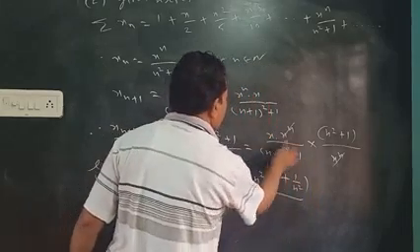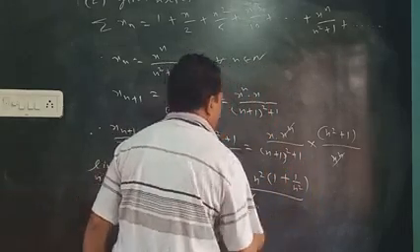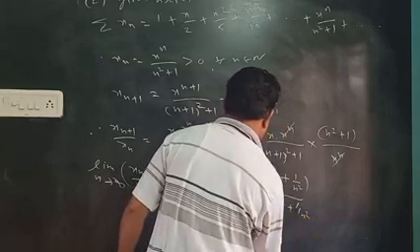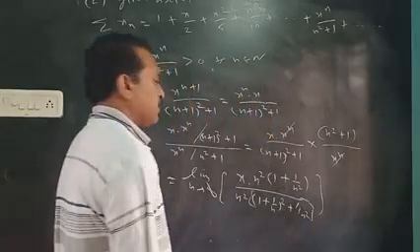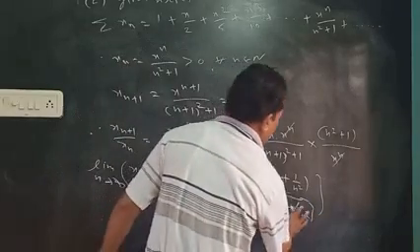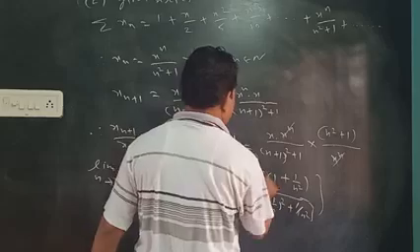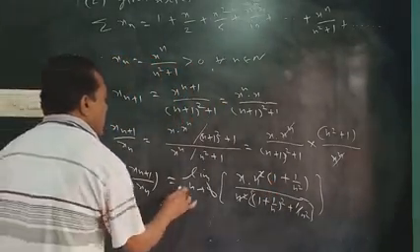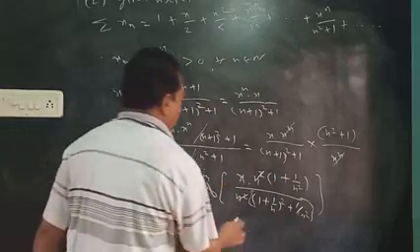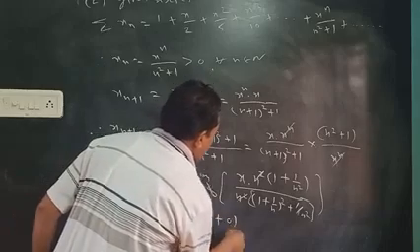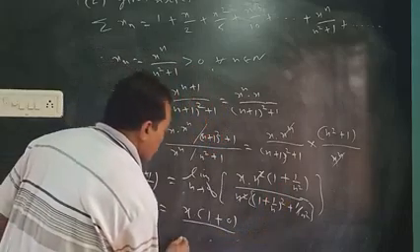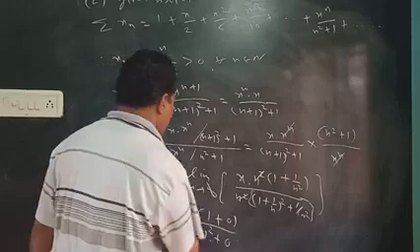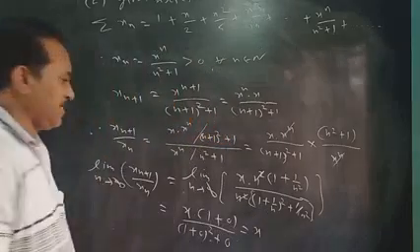Also here, n square common out of the square: (1 plus 1 by n) whole square plus 1 by n square. Now n square cancels, and now apply the limits. As n tends to infinity, x remains the same, and in the bracket 1 plus 1 by infinity is 0, so 1 plus 0. So the answer is only x.